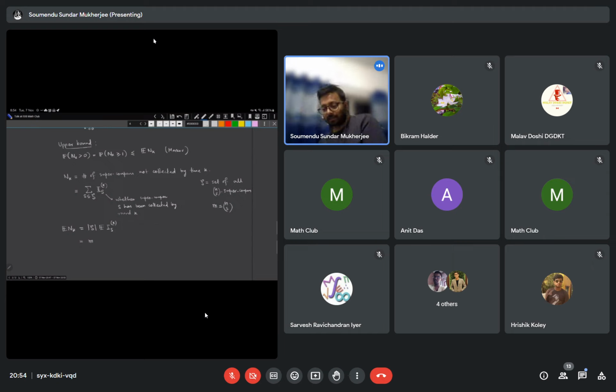If you haven't collected it, this is the probability that you haven't collected it, but these rounds are all independent, so this should be some probability to the power k. So you can immediately see what is the probability of not seeing this super coupon in one round. You can write it as one minus the probability of seeing this super coupon in one round.